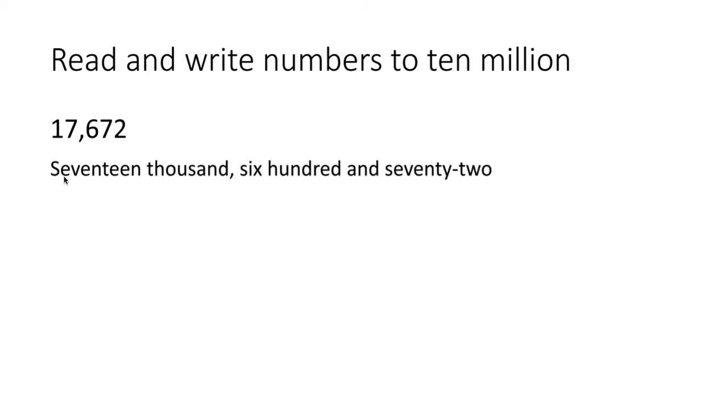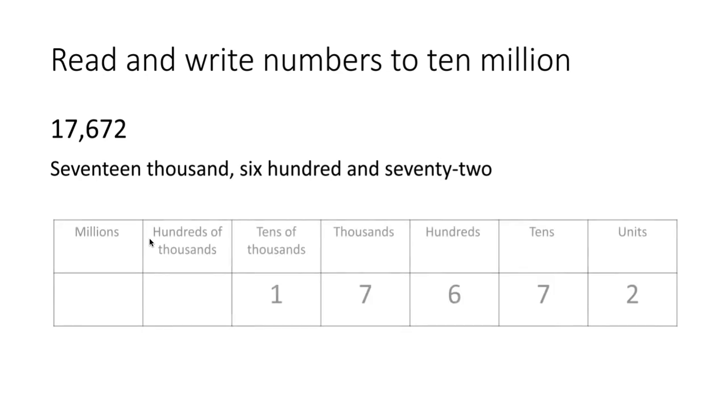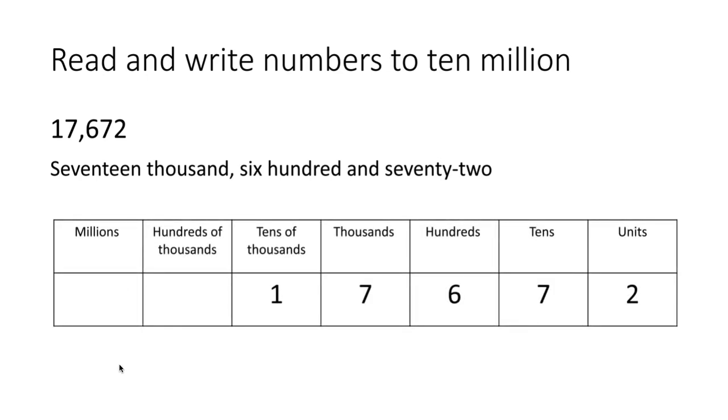So if we have a look, we've only got 17,000 here, 672. So we've got 17,000 after the comma here, 672 in our ones part. We look at our place value chart. Got 1 ten of thousands, 7 thousands, 6 hundreds, 7 tens, and 2 units.